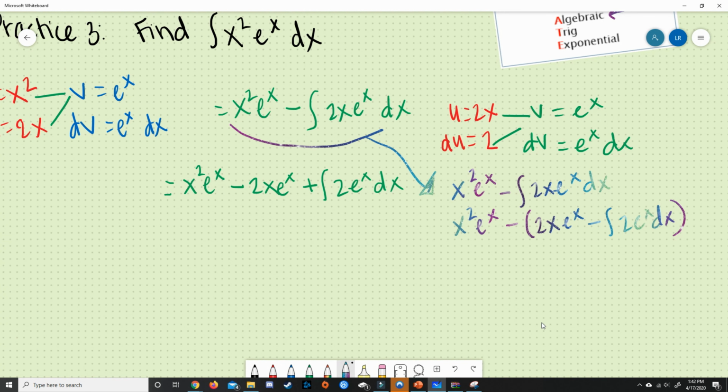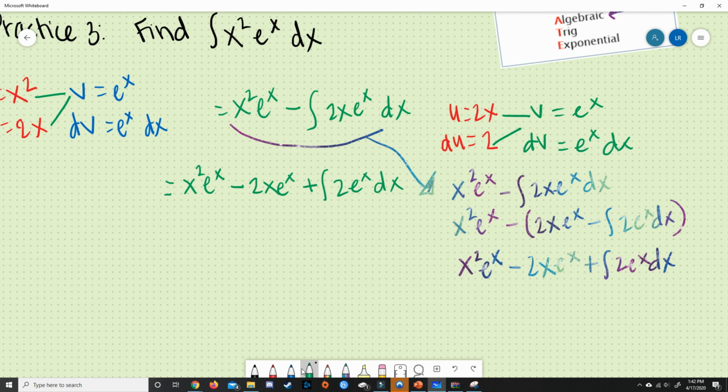And then I distributed in my negative sign, making this x squared e to the x minus 2x e to the x plus, minus minus, the integral of 2 e to the x dx. So in case you had a hard time following the signs that I did in my head, that is what I did.